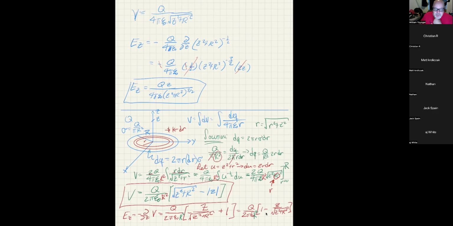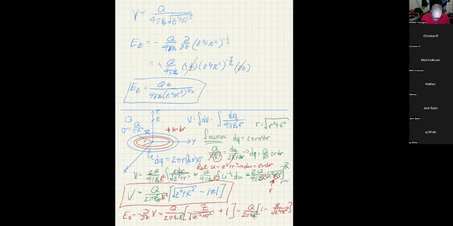I appreciate that. So that was the charge distribution of basically a disk. Now, one of the things you can do is look at that disk and consider where Z is much greater than R. I think you see that Z squared plus R squared essentially just becomes Z squared.